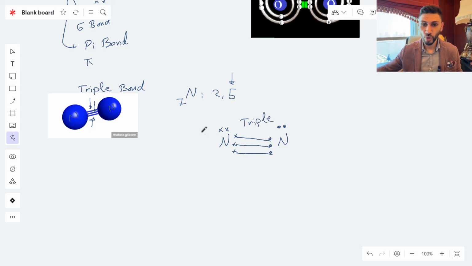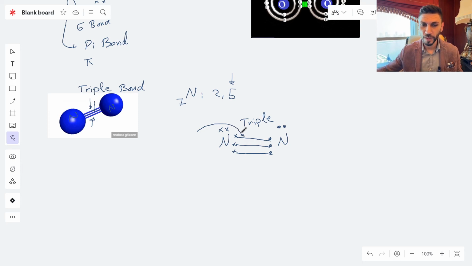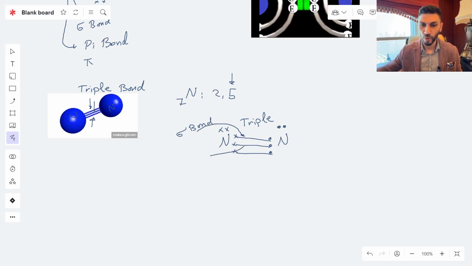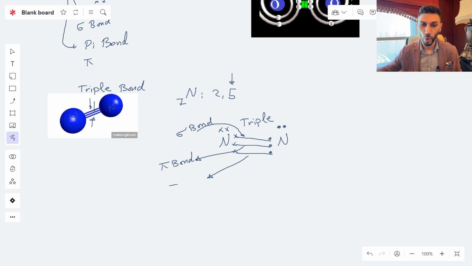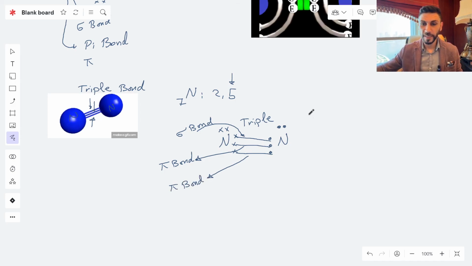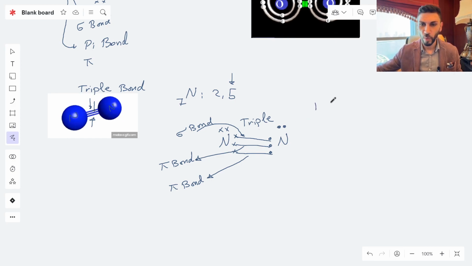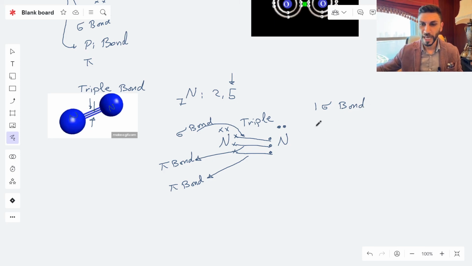In the triple bond, always the first bond is going to be the sigma bond. And the second bond is going to be the pi bond. And also the third bond in the triple bond is also a pi bond. That means in the triple bond, we have 1 sigma bond and we have 2 pi bonds.